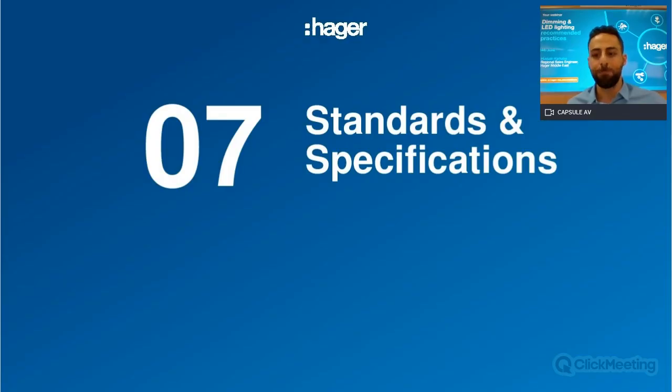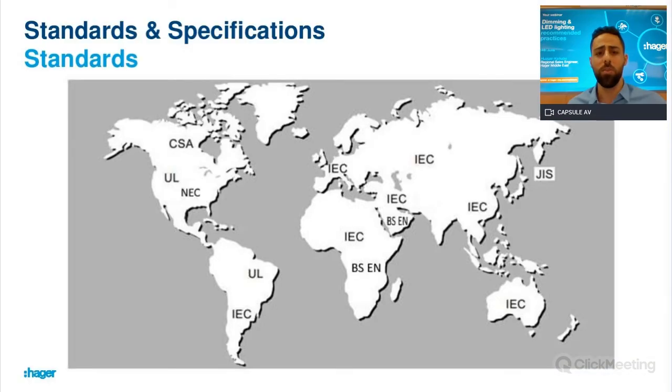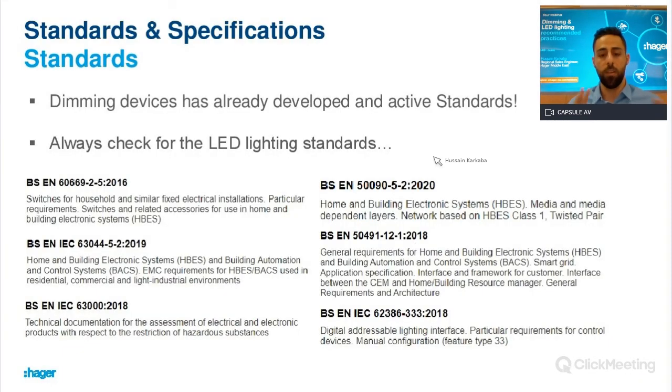Finally, the standards and specifications. Of course, each region in the world has different standards. Mostly it's IEC, and BS EN in Africa also, and in Turkey, the Middle East, Europe and the UK. So what standards to look at? I will go briefly into this.